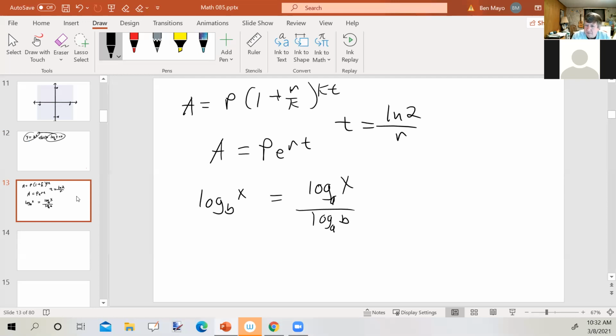And we have the half-life formula: A equals A sub 0 or A naught, and then it's 2 raised to the negative t over h power, where A naught is the starting amount, A is the ending amount, t is the time, and h is the half-life. Anyway, these are formulas that you should find coming in handy on this upcoming test.